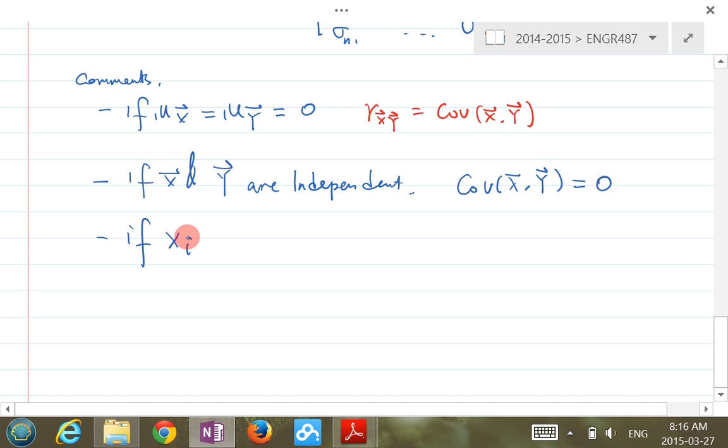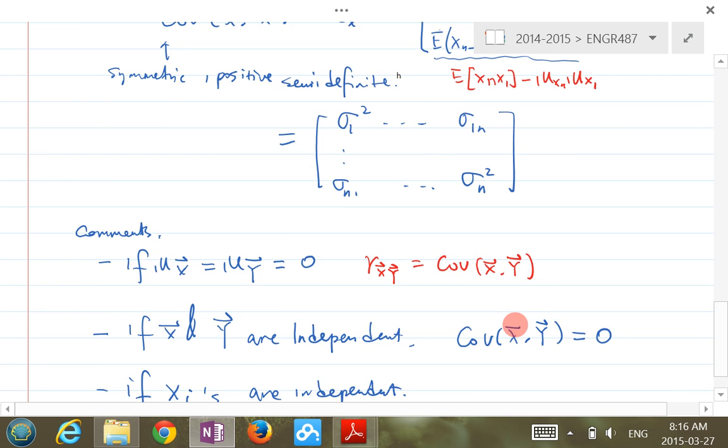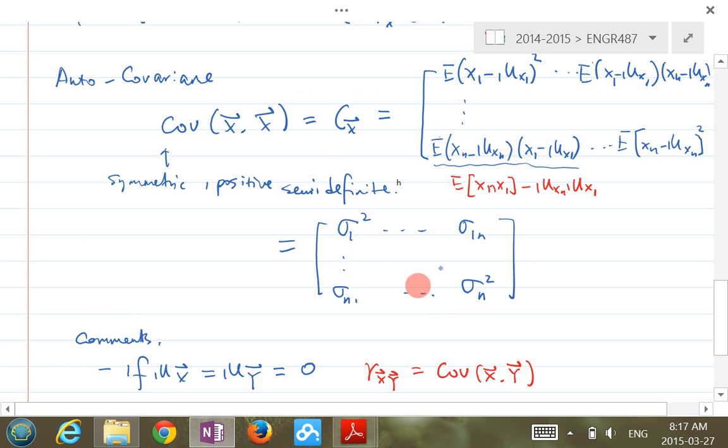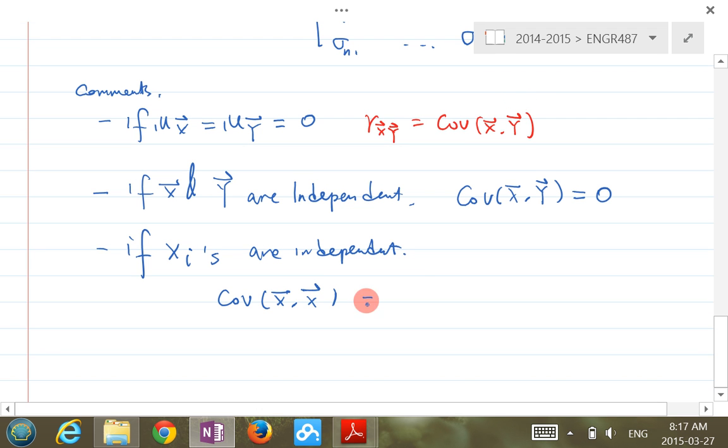If the xi's, the random variables within the x vector, are independent, then the autocovariance matrix has all off-diagonal entries equal to 0, so it's a diagonal matrix.